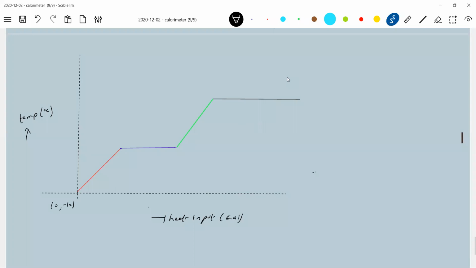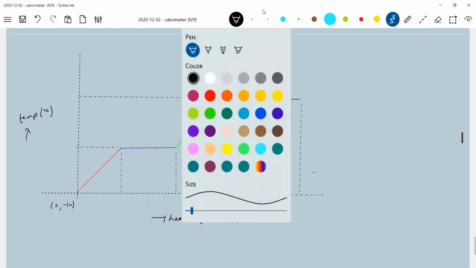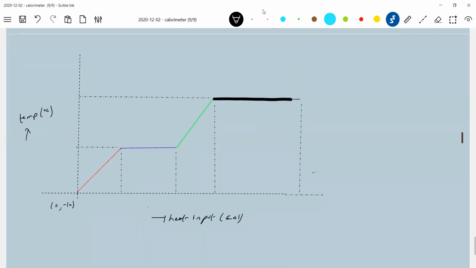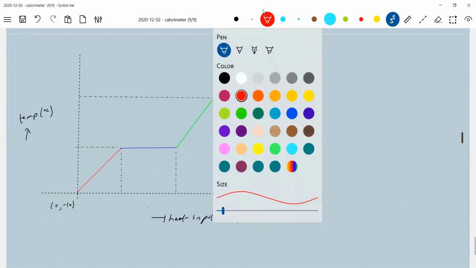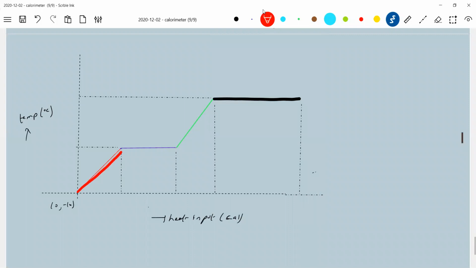So this is a dotted line. This graph is very important.